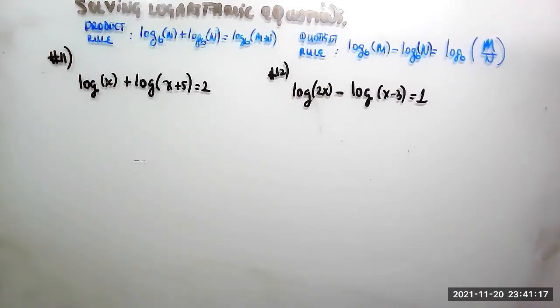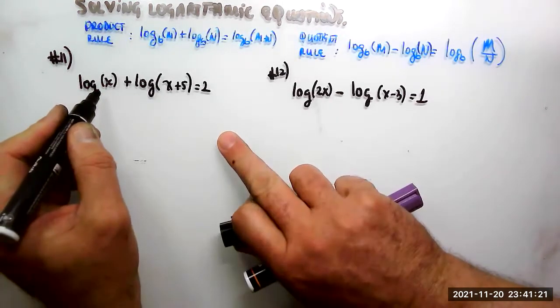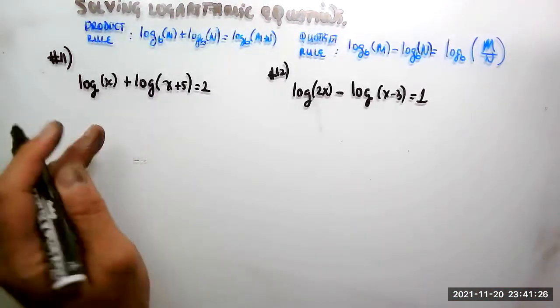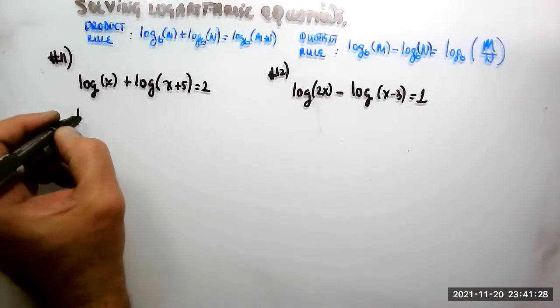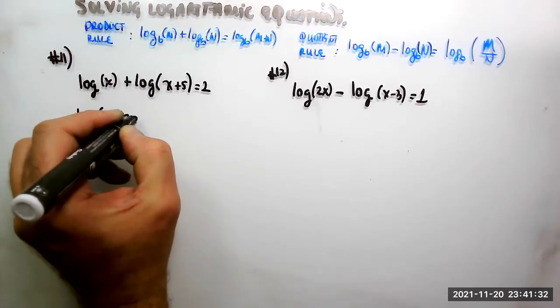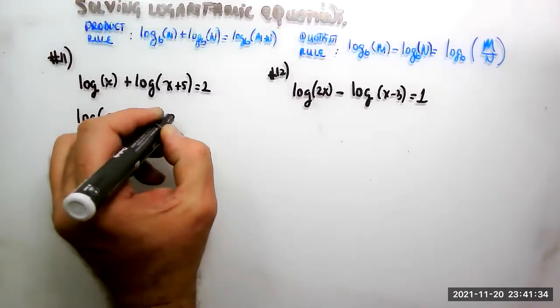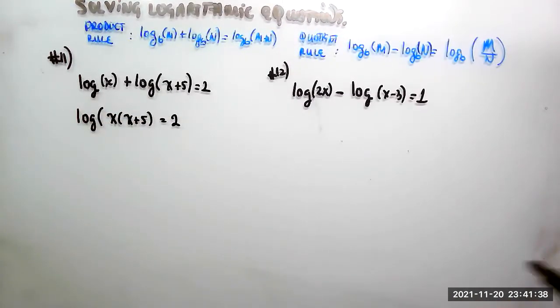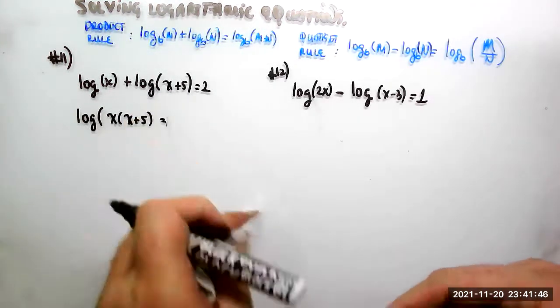So the first example, what do we have? We have log base 10 plus log base 10, same base on the sum. We may multiply the arguments. It will be log of what? x times x plus 5 equals 1. Okay, I think this equals 1, not 2.